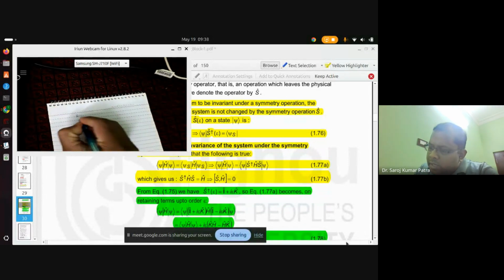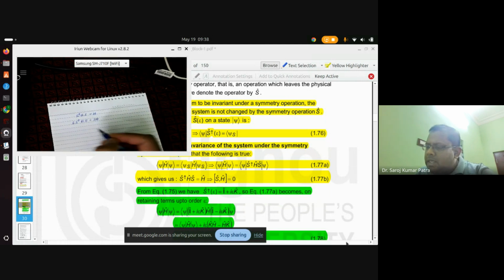If you left multiply by S, S dagger will be unitary, so S S dagger is the identity, and H S will be equal to S H. If I multiply by the identity, that will not change the matrix.